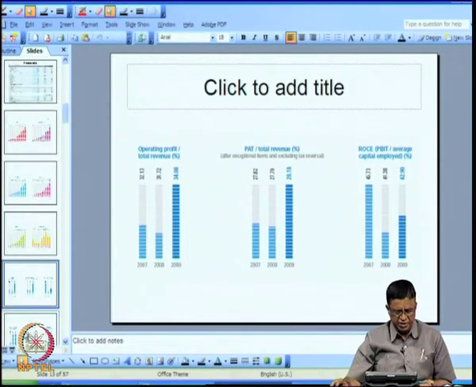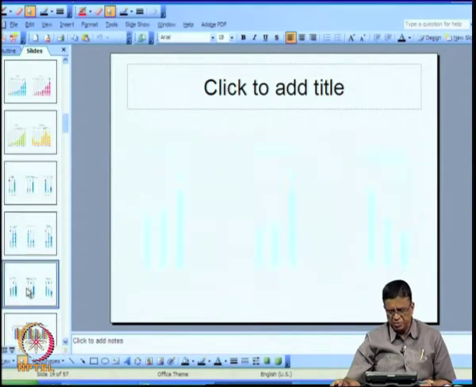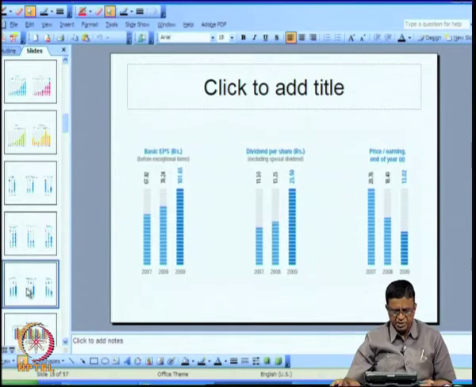This is reflected here. Then this slide gives you the cash and equivalents to total assets, the total output ratio, then the value added per total revenue in percentage. Then the basic earnings per share is already given to you.